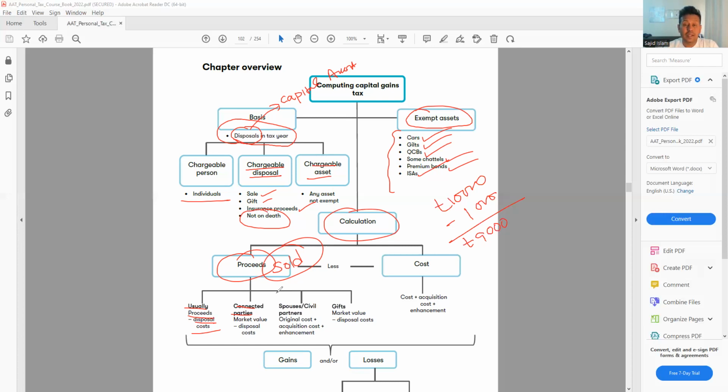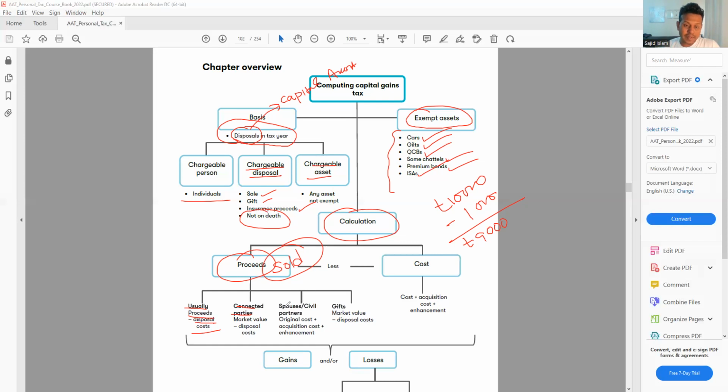For example, the market value is 50,000 and you are charging them 40,000 because they are your close relatives. If they are your close relatives, we always have to use the market value. We cannot use how much you are charging, because maybe he's paying you less because he's your close relative. For that reason, we have to use the market value.